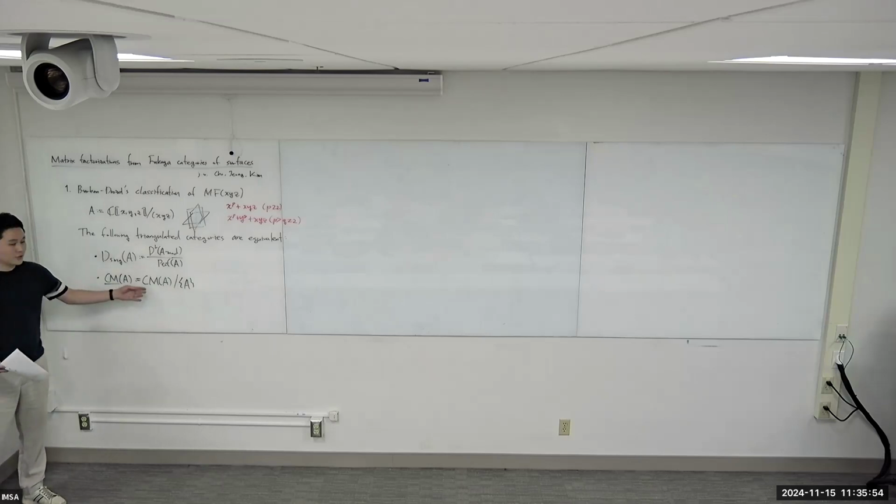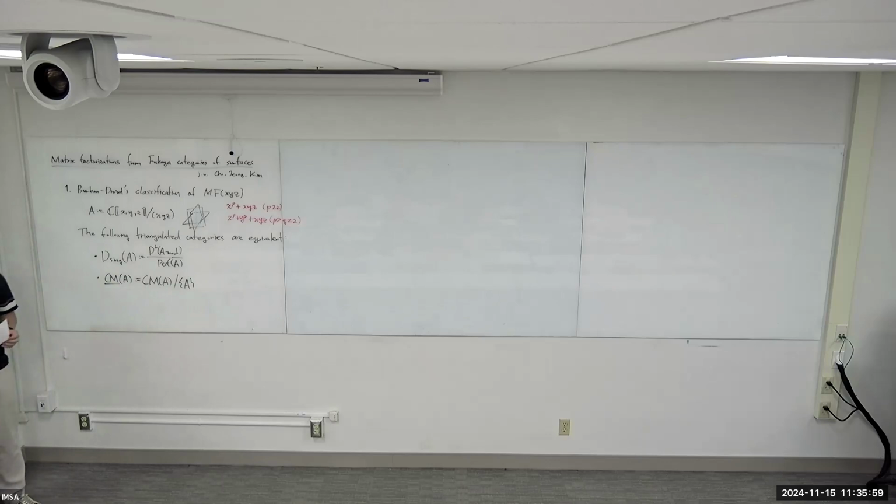The original category comes with an exact structure, and you can take a natural stable category in this way, modulo projective objects. So it becomes a natural triangulated category.